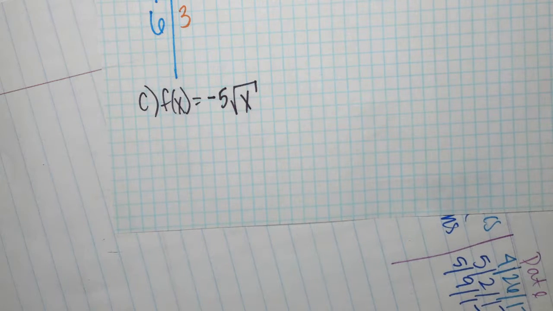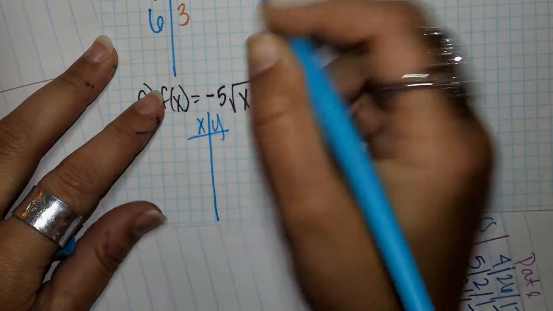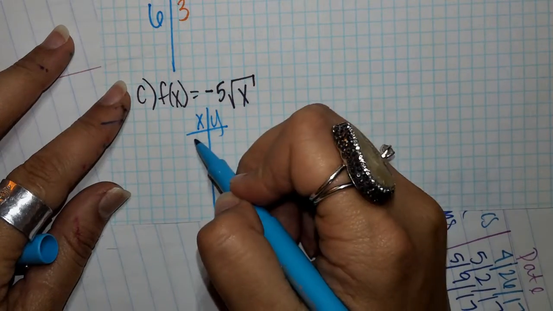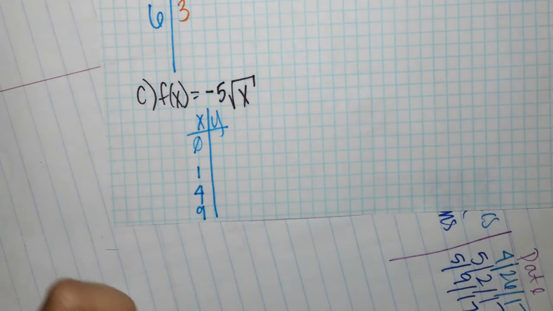Now, do you think it's going to stretch that graph, or do you think it's going to make it flat? Negative 5 stretches, and it's on the outside? Okay. Maybe. I like it. We'll see. All right, let's plug in variables. We're going to use our perfect squares again because we don't have anything under the radical. So we're going to use 0, 1, 4, 9.